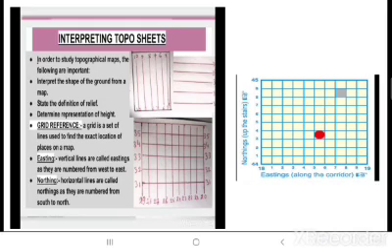Now the vertical lines which you are seeing in the topo sheet maps are called eastings, whereas the horizontal lines which you see on the map are called northings.